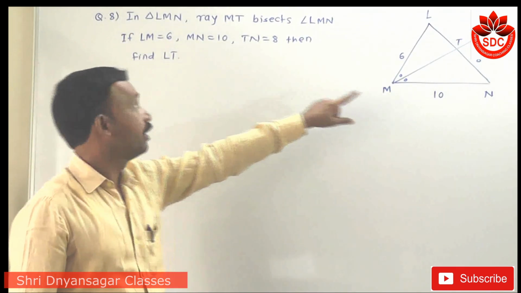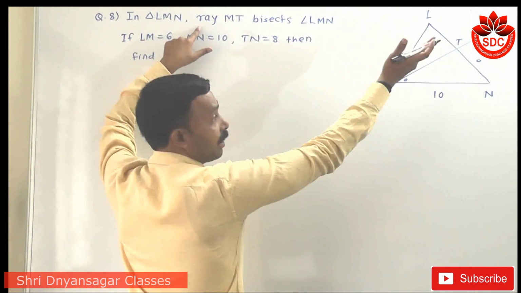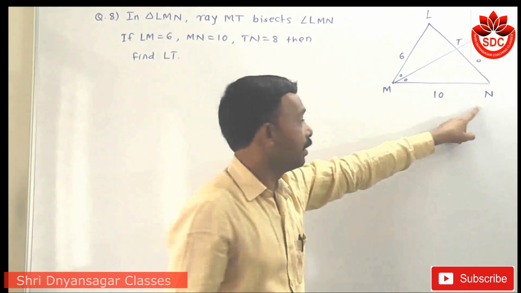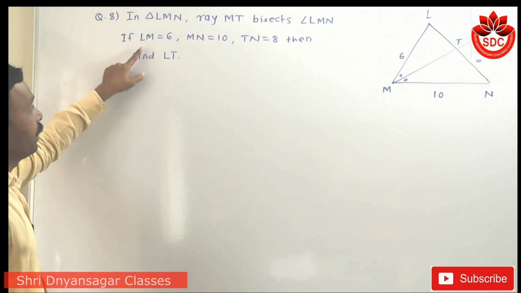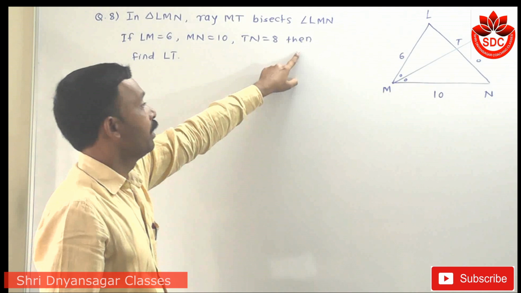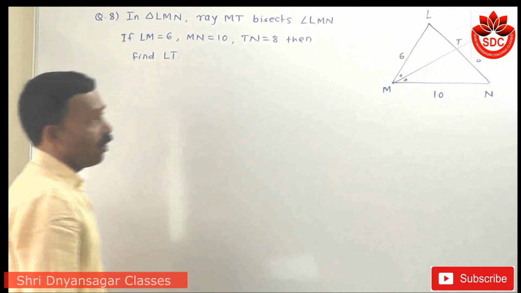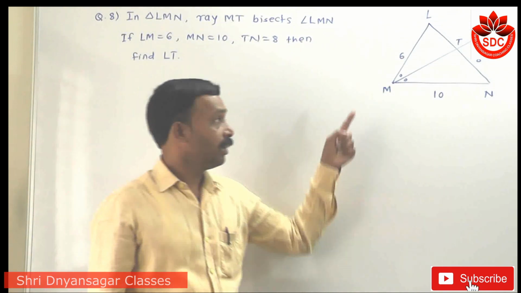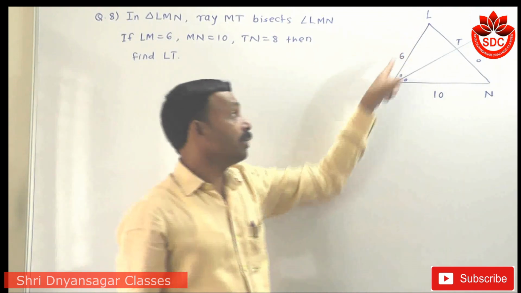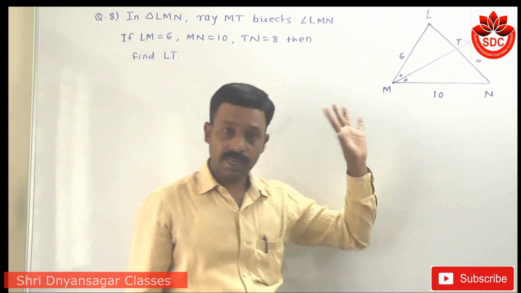Look at this figure. In triangle LMN, ray MT is the bisector of angle LMN, and the values are given: LM is 6, MN is 10, TN is 8. Then find the value of LT. When we observe this figure, this ray is the bisector, so we use the property of the angle bisector of a triangle.